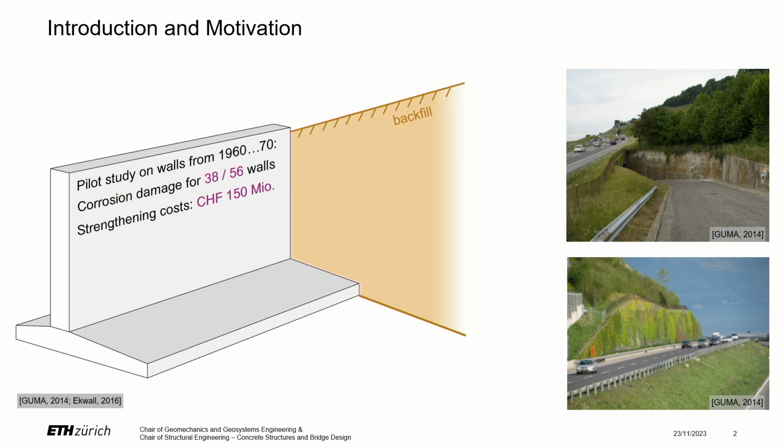Given the large number of retaining walls in the portfolio of Fedro, more than 2,500, the hazard potential is obviously quite high, and so are the costs. They estimated about 800 million Swiss francs to retrofit these walls over the next 15 years.